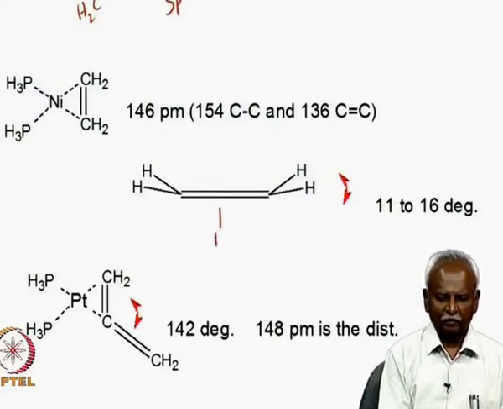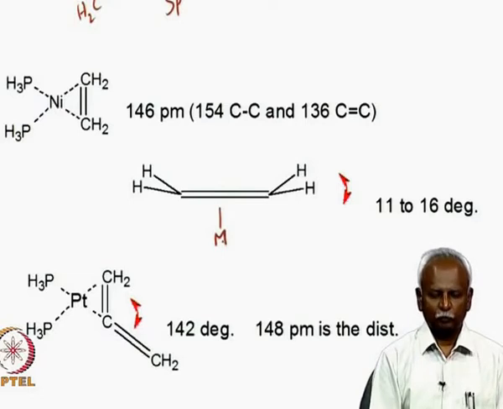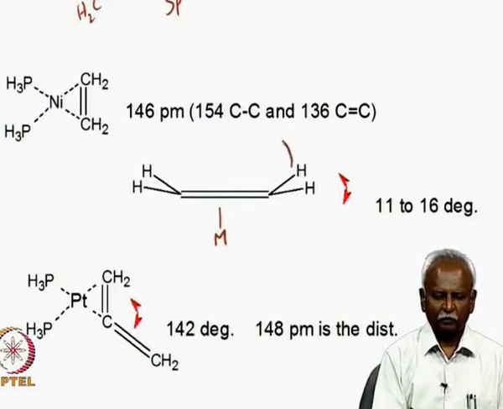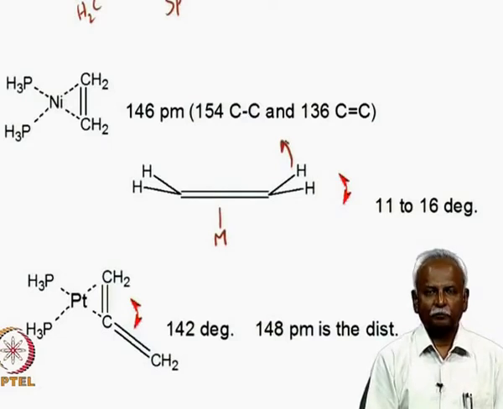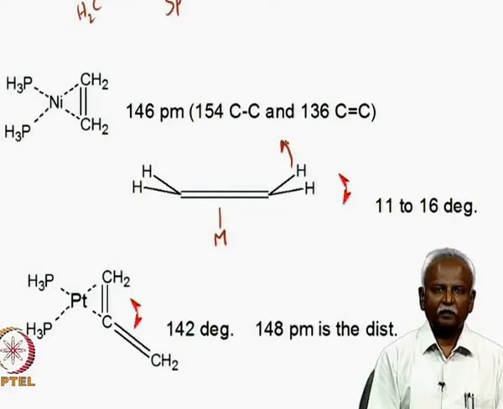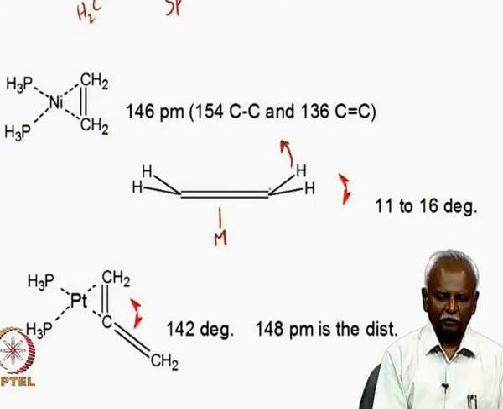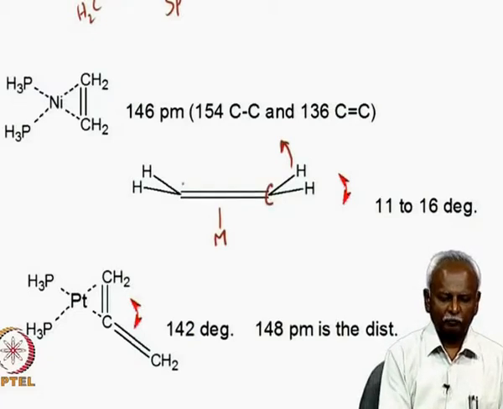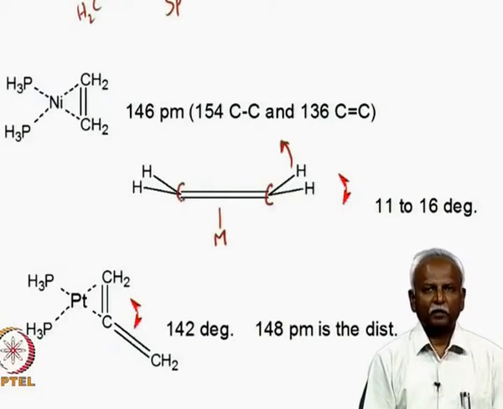So, if the metal is bonded in this position, then the hydrogens are moved away from the metal, and various explanations have been given for this.